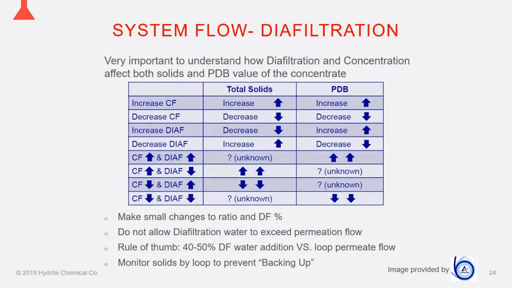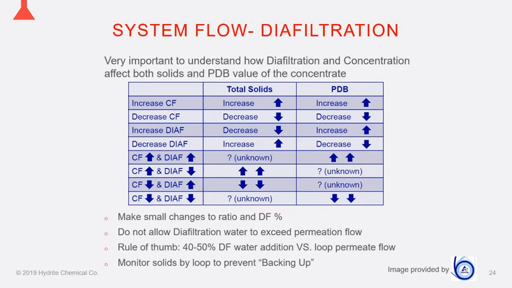Just going to talk a little bit here about how to control your membrane system. If I needed higher solids, we can look at total solids, which is really what's coming out of the RO system or nanofiltration. But with these protein systems, we look at protein on a dry basis.